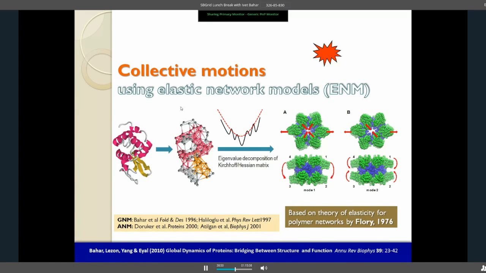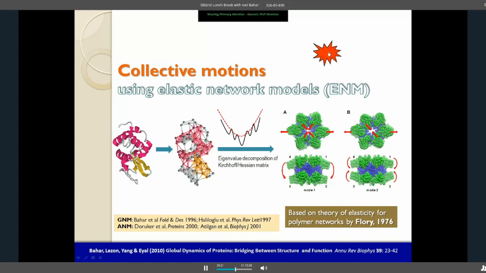Here is a brief summary. Instead of the usual ribbon diagrams, we use this type of network models. And essentially, we are coarse-graining the structure and the energy surface in a sense, which facilitates the collective movements near the energy minimum and permits us to visualize collective changes in structure.